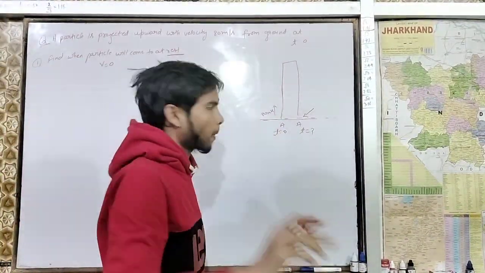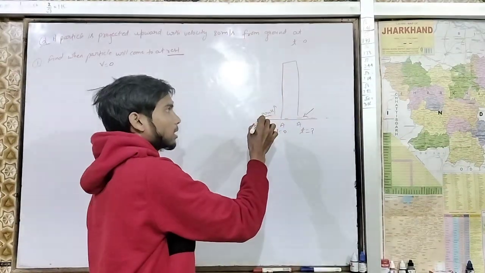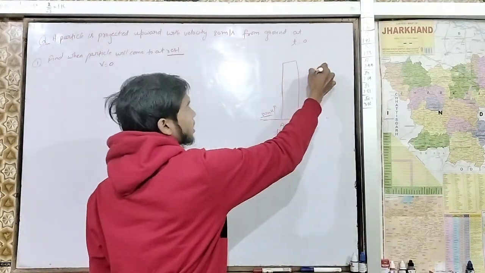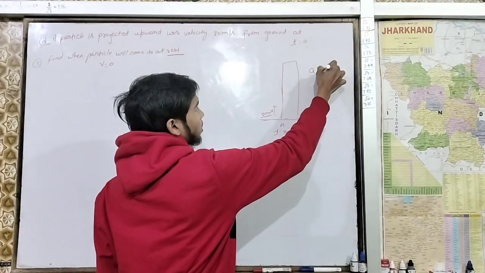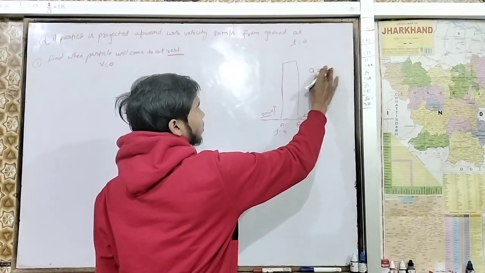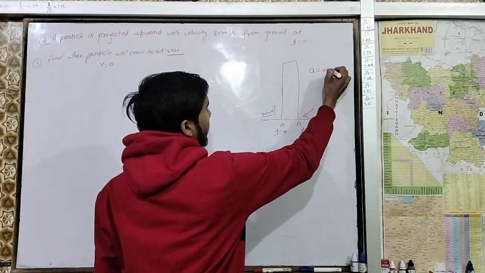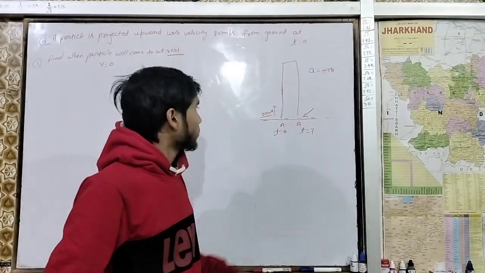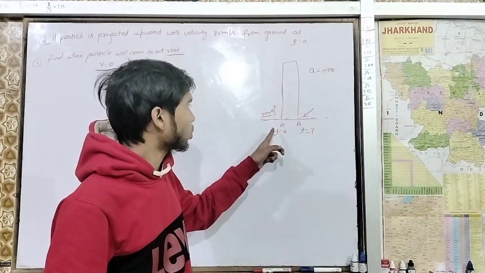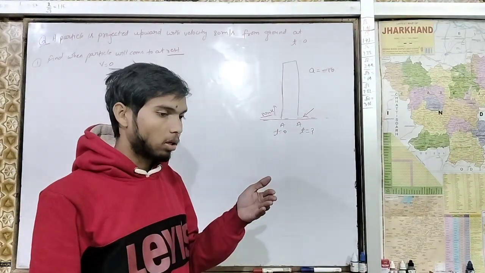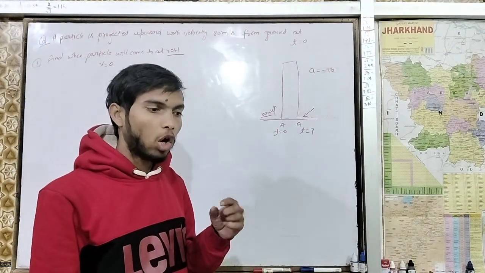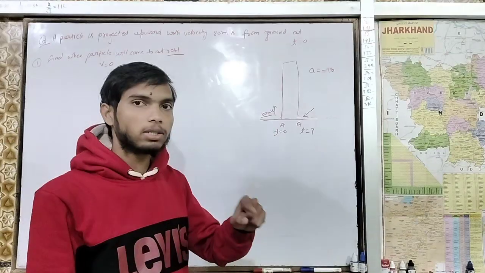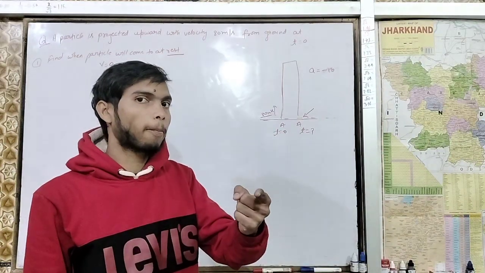We have two options. One is initial velocity 80 meter per second, and acceleration is minus 10, downward. So now tell me, in 1 second, how much will the velocity decrease? 10.